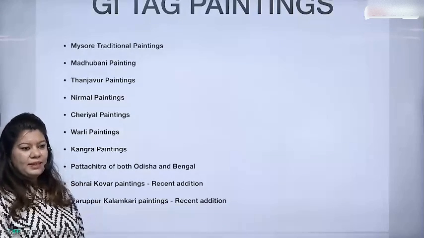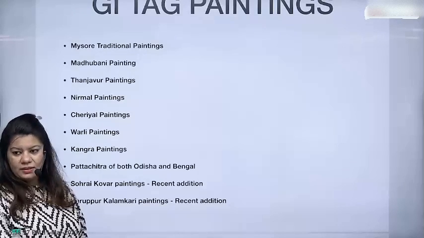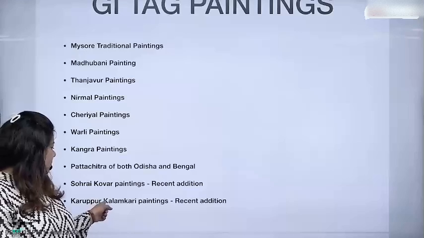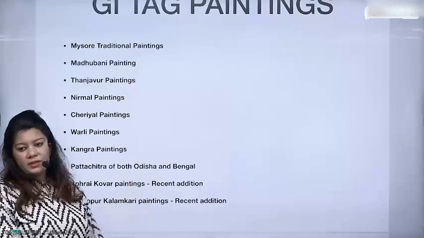One is Kalamkari painting of Andhra region and one is Tamil Nadu. So the recent one is Karupur Kalamkari paintings from Tamil Nadu which has received GI tag.